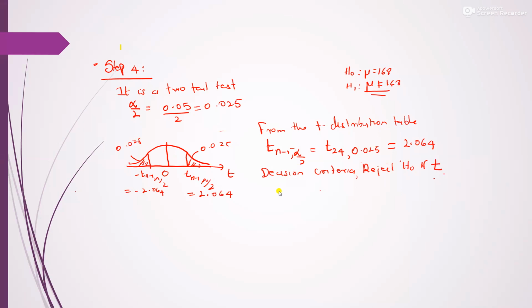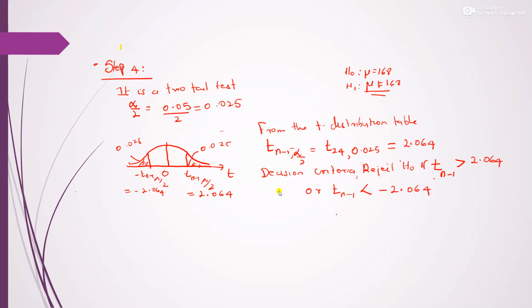T n minus 1 greater than 2.064 or t n minus 1 less than minus 2.064.